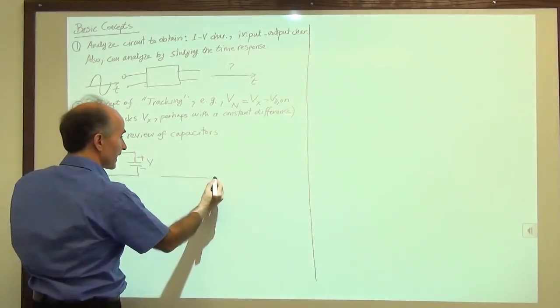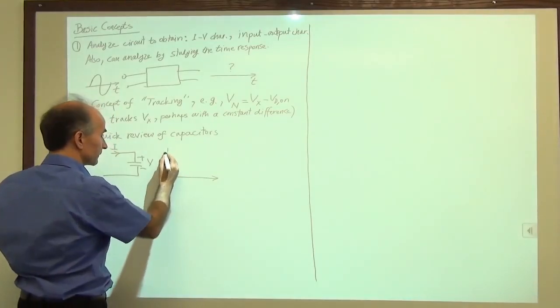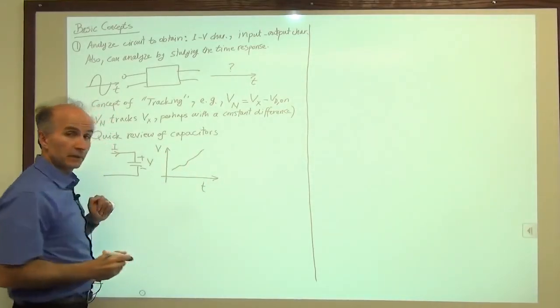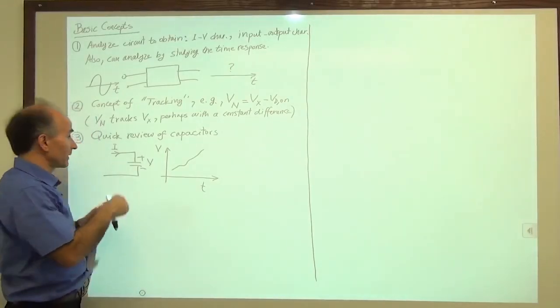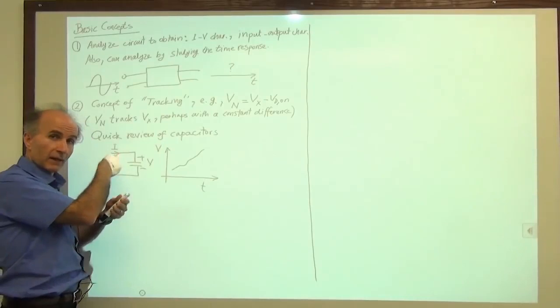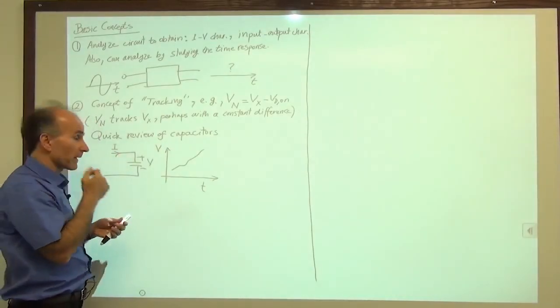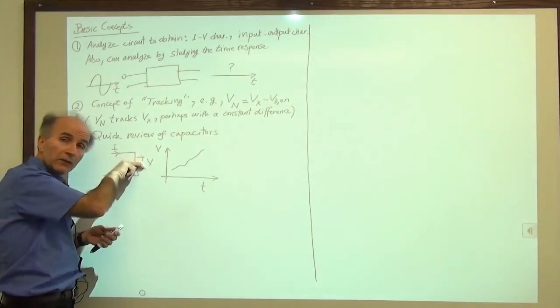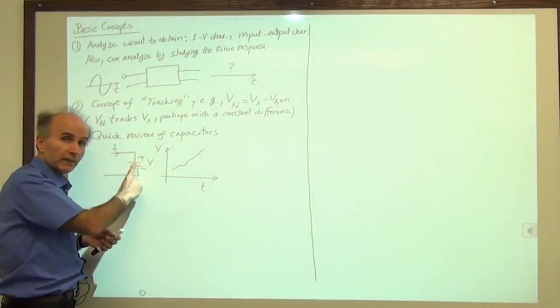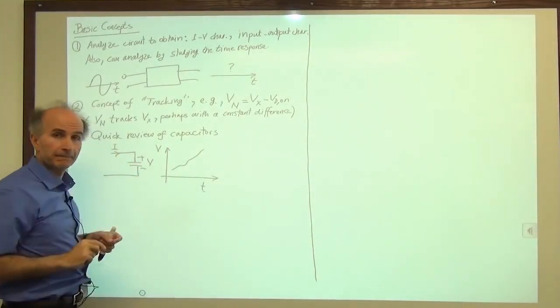So if you plot V as a function of time, it keeps going up. How it goes up, we don't know. It depends on the behavior of this current. Is it a constant current? Is it a sinusoidal current? Whatever it is. But so long as we push current this way into the capacitor, so long as we push positive charge onto the top plate, the voltage wants to go up.